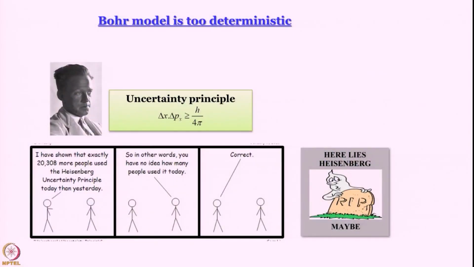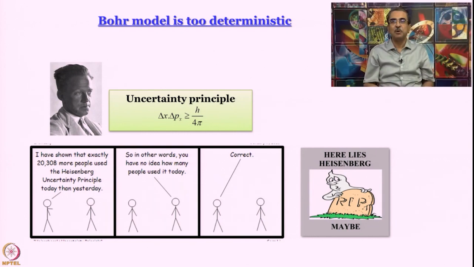So, even though it gives us very good agreement with many experimental results, one has to discard Bohr theory and move on to something else, look for something else. In fact, this uncertainty principle gave rise to a lot of interest beyond the world of science.